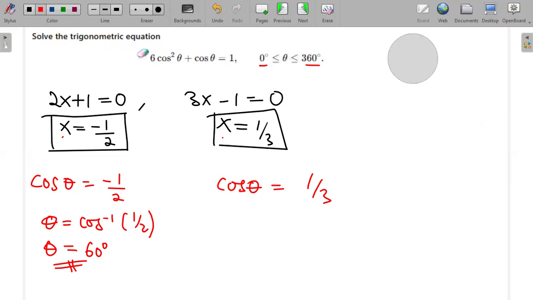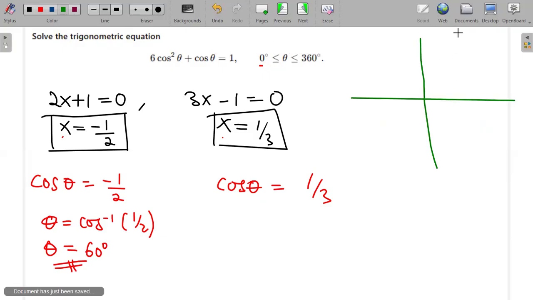Let me write the quadrants somewhere here. Remember we have 4 quadrants, right? There's the first quadrant here. All Students Take Coke. In the first quadrant, everything is positive. Here, only the sine is positive, the cos is negative, the tan is negative. Here, only the tan is positive, and the other two are negative.